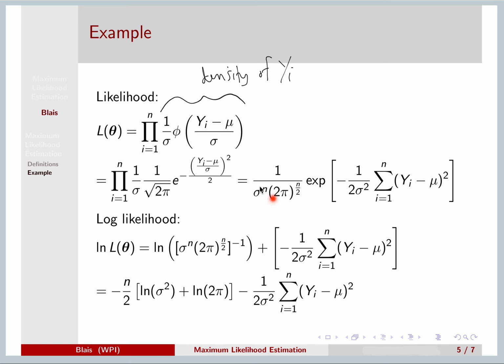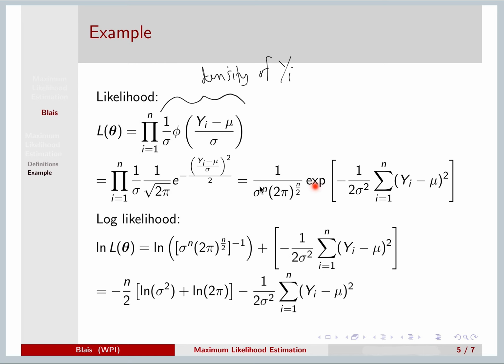Okay, so looking at this now from an optimization perspective, what we want to do is maximize this over the variables mu and sigma. Or equivalently, it's a little bit easier to consider mu and sigma squared. But you see you have this sigma to the n in the denominator here, and then this sigma squared showing up in the exponent of e.